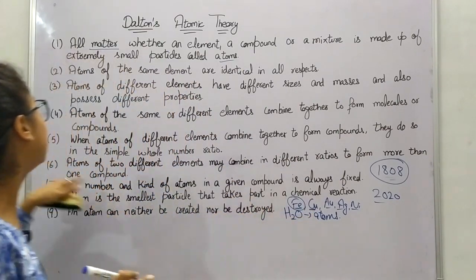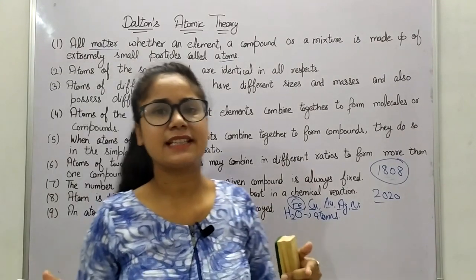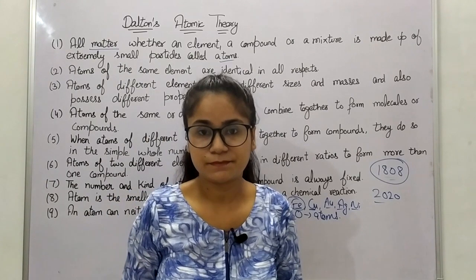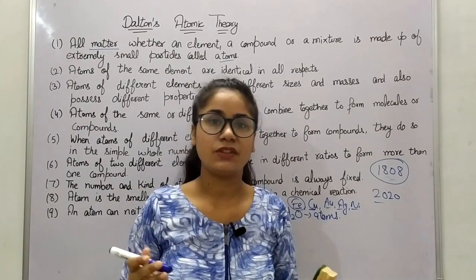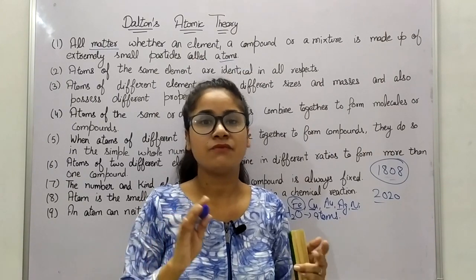Then in the third postulate they say atoms of different elements have different sizes and masses and also possess different properties. This one is simple. You can take the example of your siblings. You have your brother, you have your sister. You two would be different in various aspects.